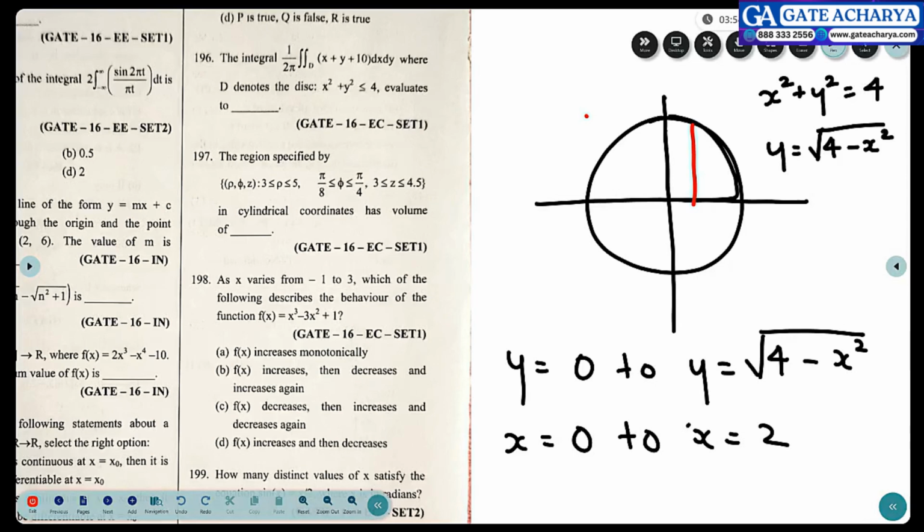What's the confusion? Are you getting any complicated function?